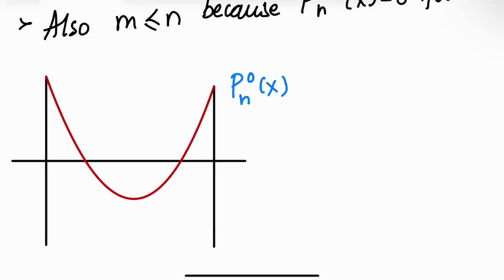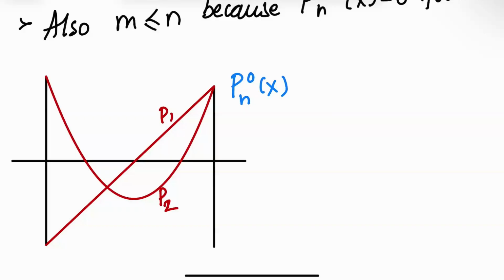Okay, so that's P1, and then P2. Actually, this is P2. So P1 is just a straight line. Not constant, just linear. That's P2.